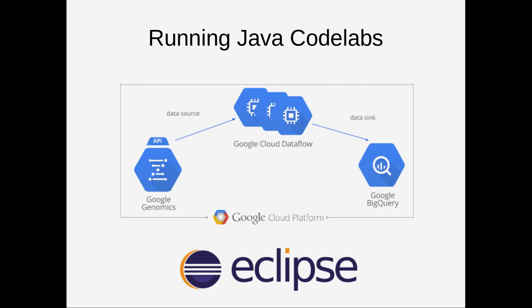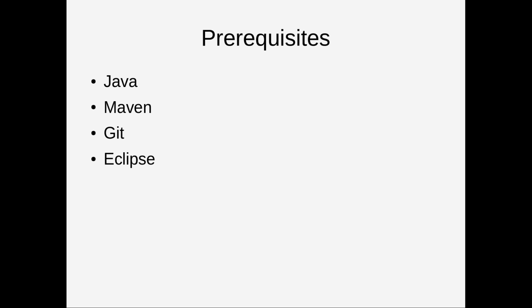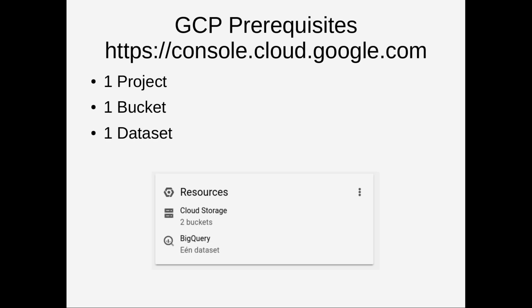Let's look at what we need. There's Java, of course, Maven, Git, and Eclipse. Then in the cloud, we need one project, one bucket, at least one data set.